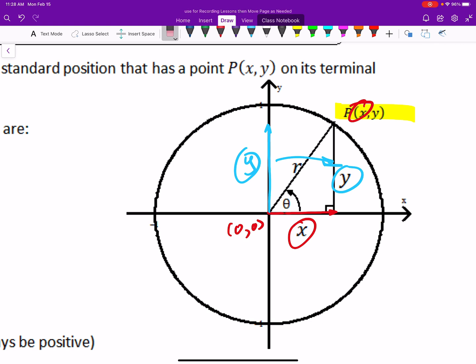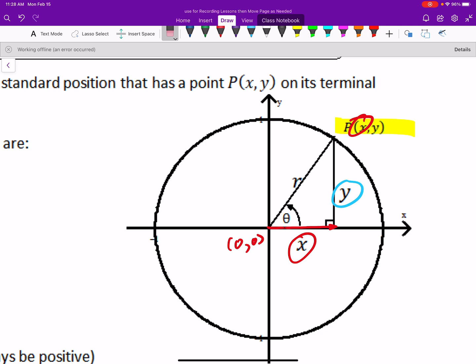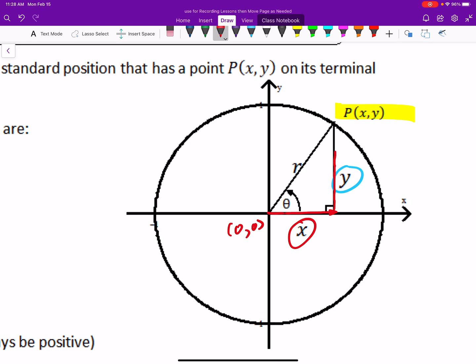So it turns out that this point (x, y) forms a triangle, which you can see right here. And we can know all three side lengths of this triangle if we know what the point (x, y) is. The length of the side down here is whatever the x-coordinate is.